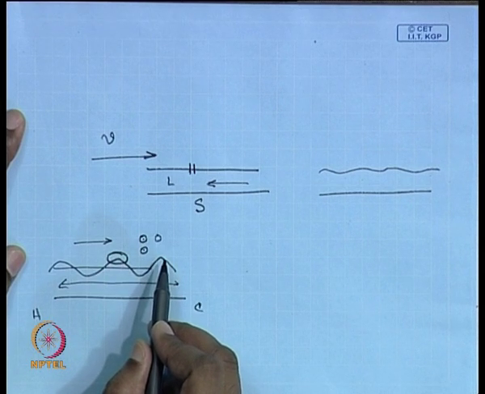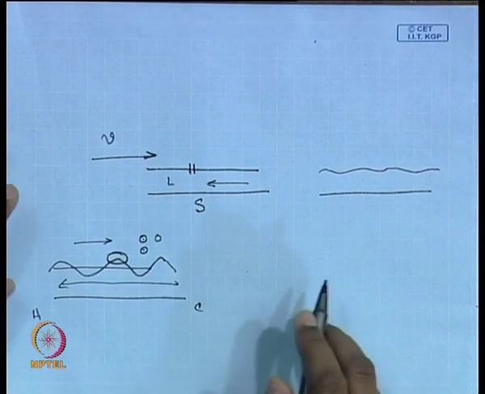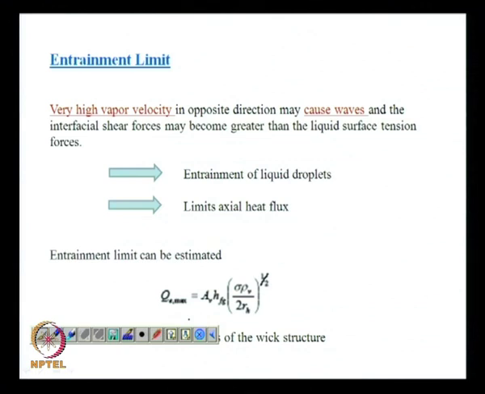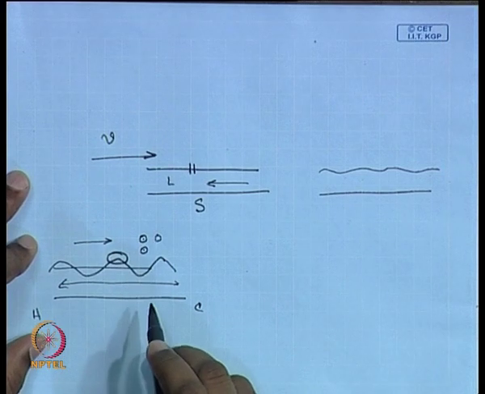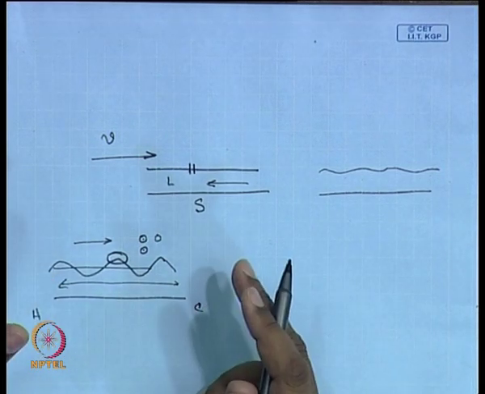When this entrainment happens, it is going to limit the heat flux that the heat pipe can handle, and the entrainment limit again can be estimated by a rough formula. Also, this is something which would happen only in those heat pipes which are operating at very high heat flux conditions.